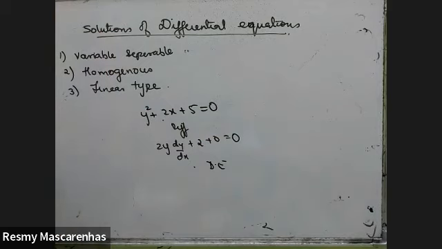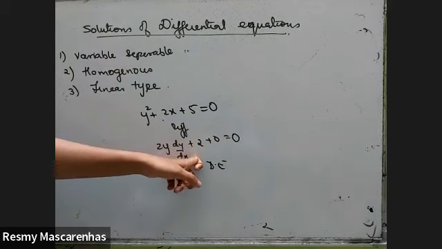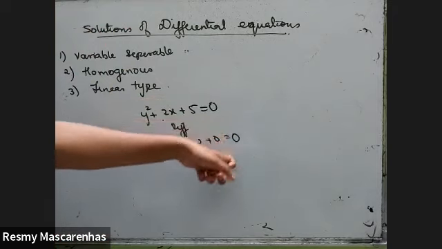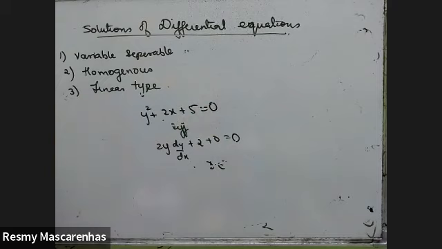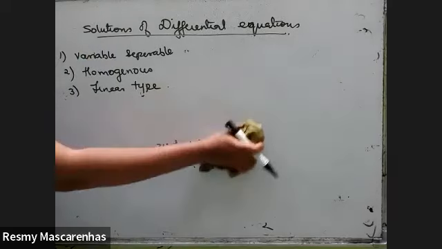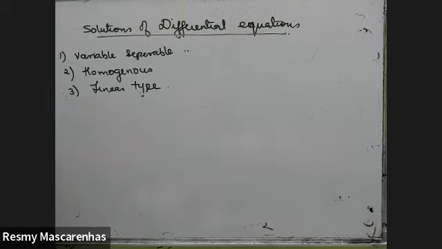Now what we are going to do is, they will give us a differential equation. We have to find a solution and solve it back to your general normal equation, which was there before differentiating. We have to go the reverse way now. That's why it is called solutions. So the question which will come will just say solve.